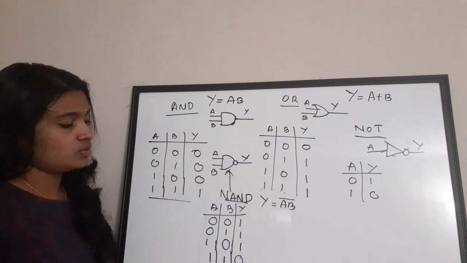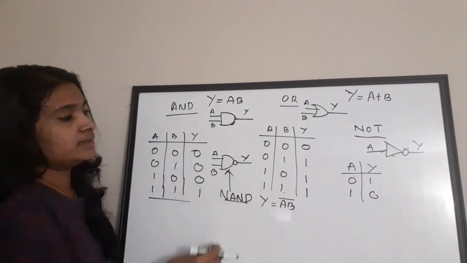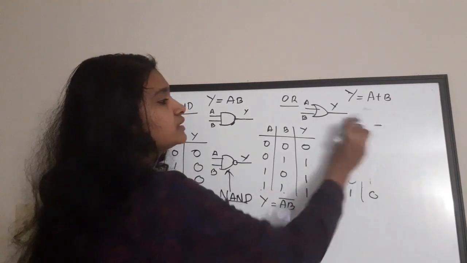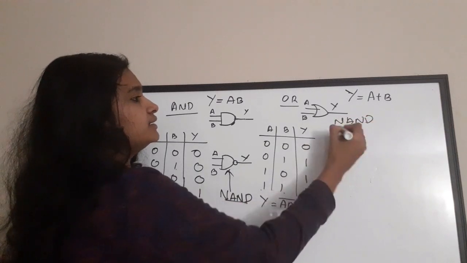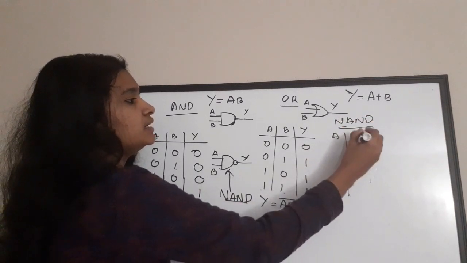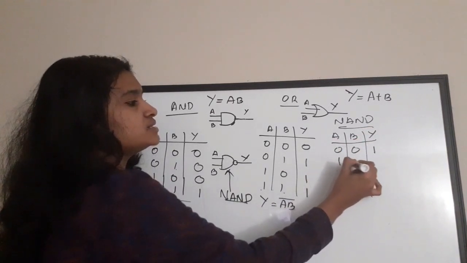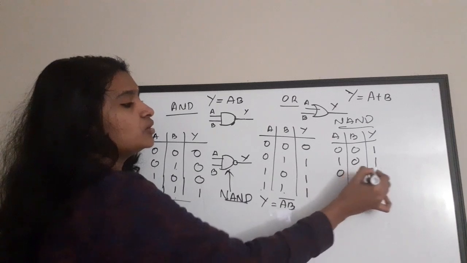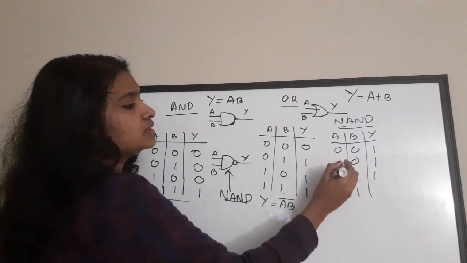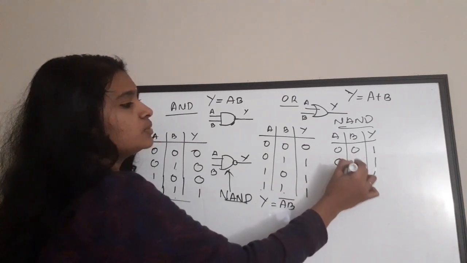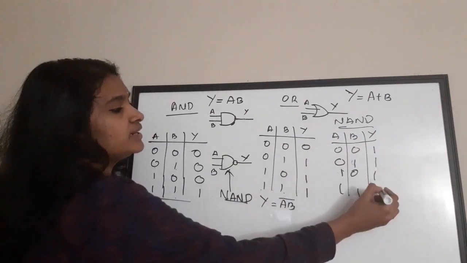So this is how it works. You won't be able to see this, so I'll write the truth table of NAND gate here: A, B and the output is Y. So 0 and 0 the output is 1, 1 and 0 the output is 1, 0 and 1 the output is 1, and for 1 and 1 the output of NAND gate is 0.